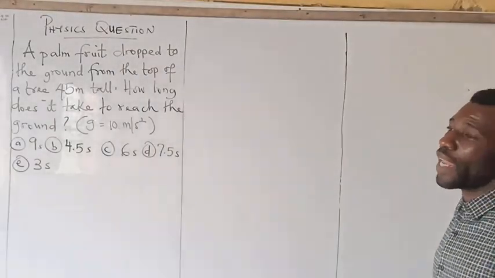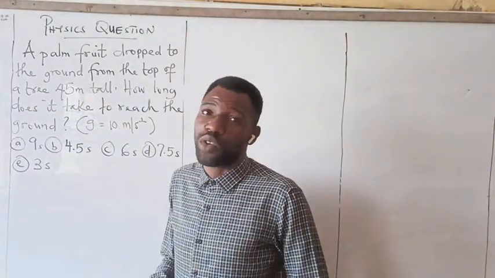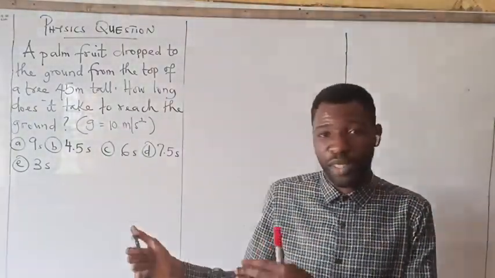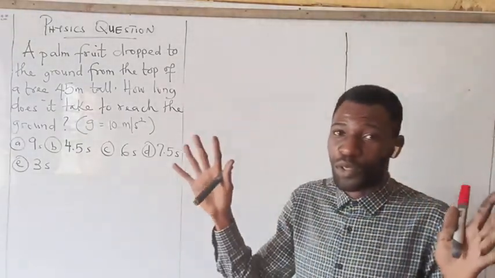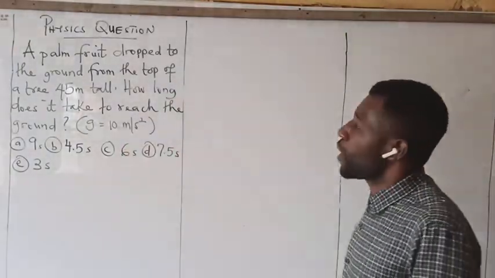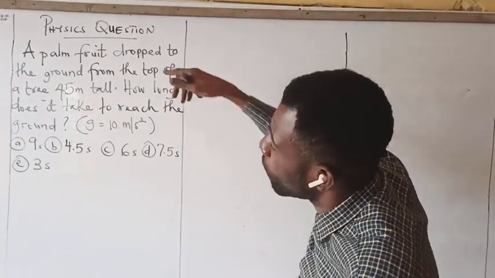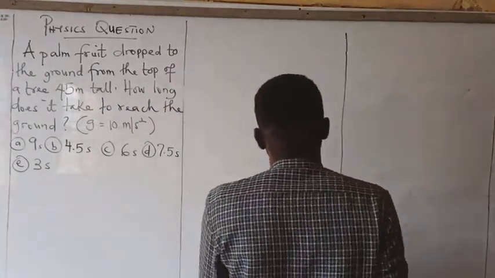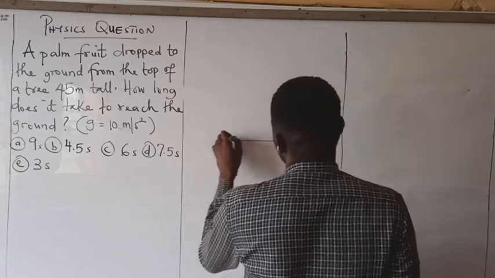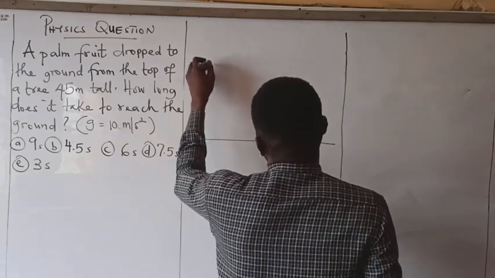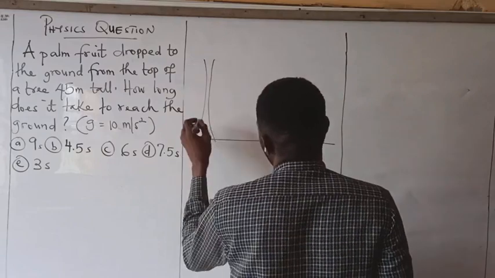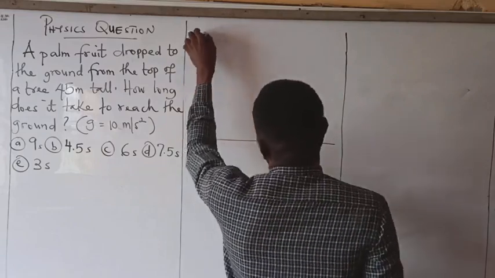Now, I like diagrams when solving questions involving physics. So let's proceed with this one so that you can get a clear picture of what the question is saying. A palm fruit dropped to the ground from the top of a tree. So let's assume that this is our ground floor, and this is our tree.